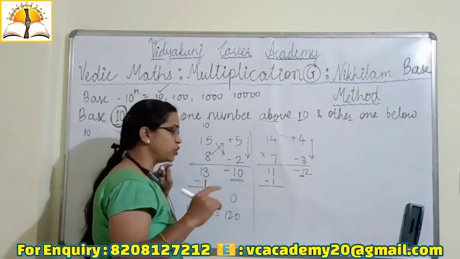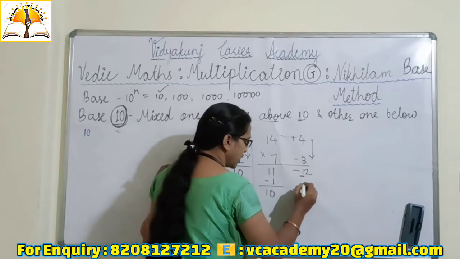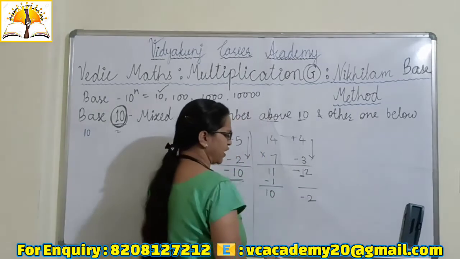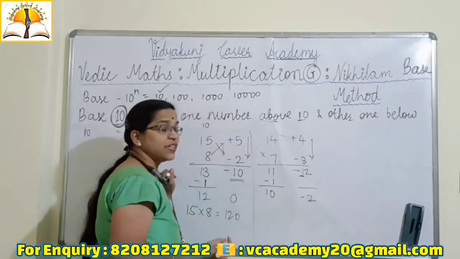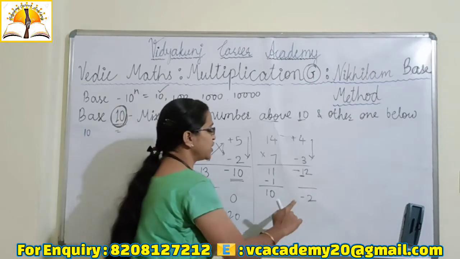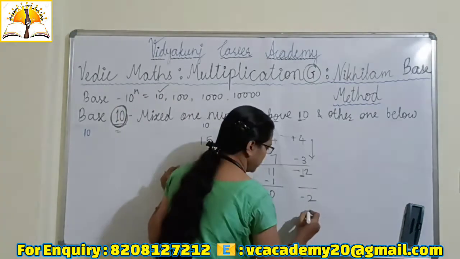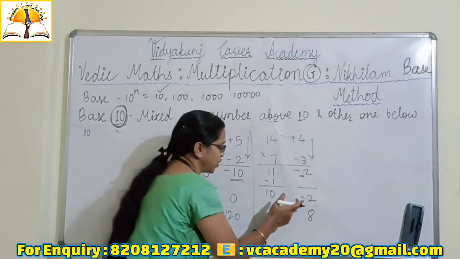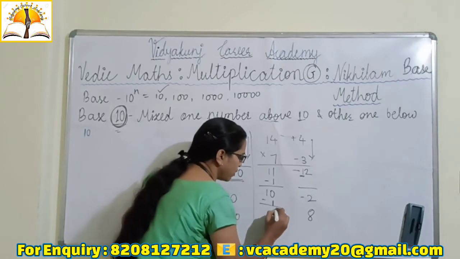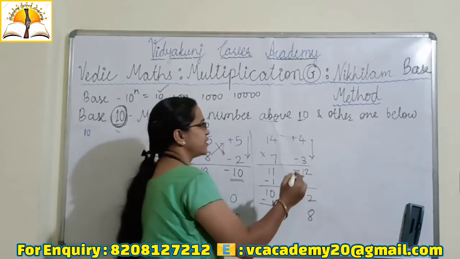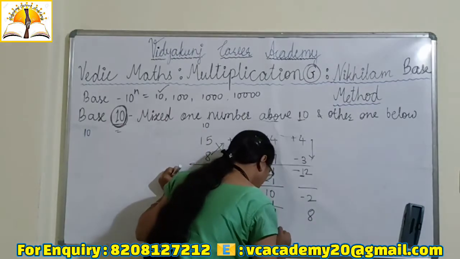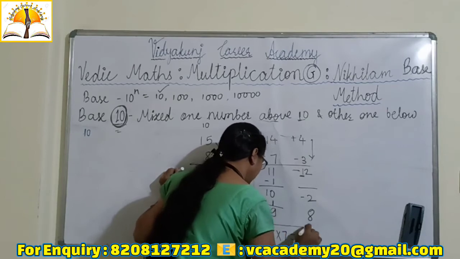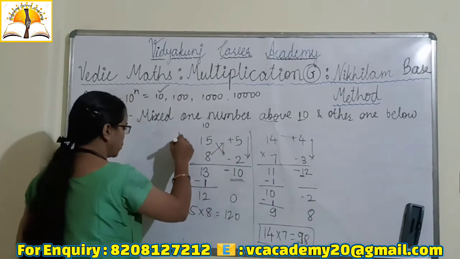So I am going to subtract. Here 10, and it is 2 remaining, minus 2. Yes or no? This is minus 2. If it is minus, then I have to write the 10's complement of minus 2, which is 8. Then I have to minus 1 here, 9. What is its answer? 14 into 7, its answer is 98. In this way we have to solve.